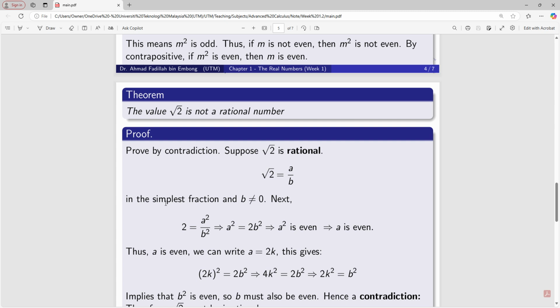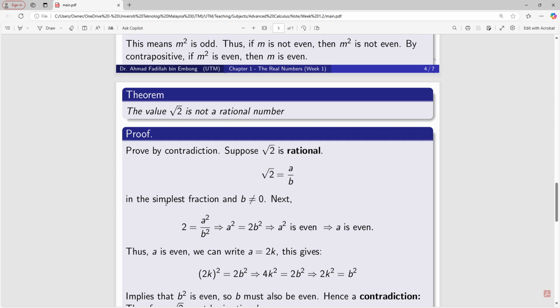Because when we write a number, we can write it in many forms, right? For example, if we have 4, 4 can be written as 4 over 1, or 4 can also be written as 16 over 4. So it is also equal to 4.